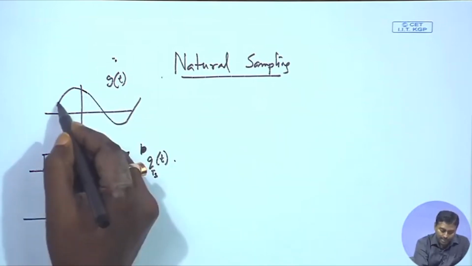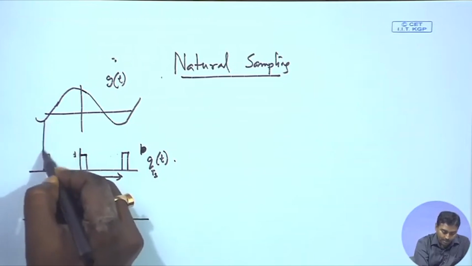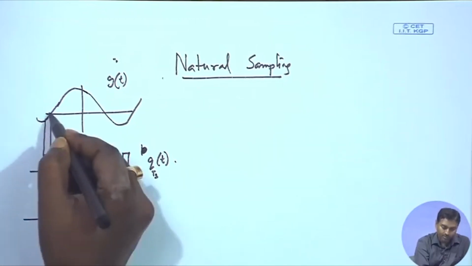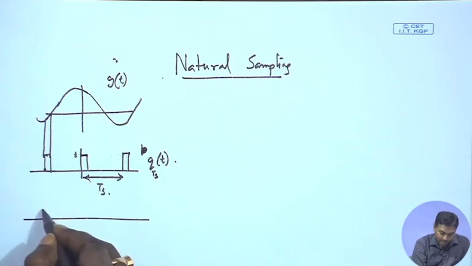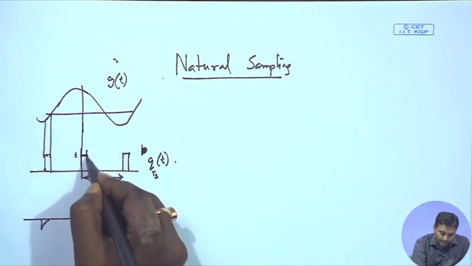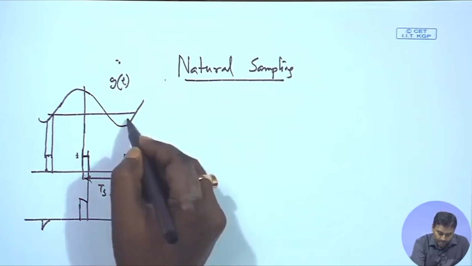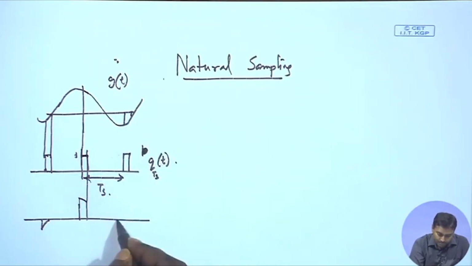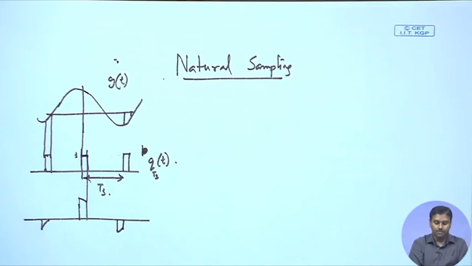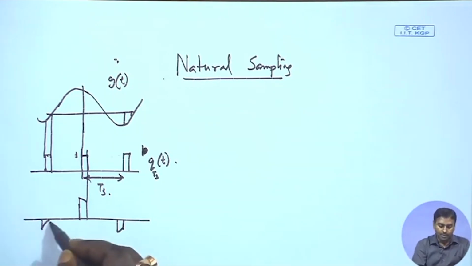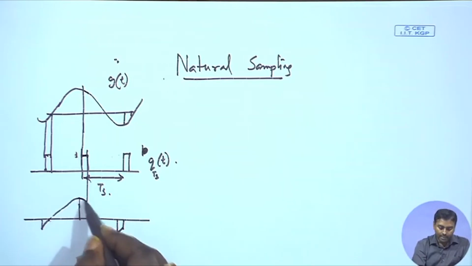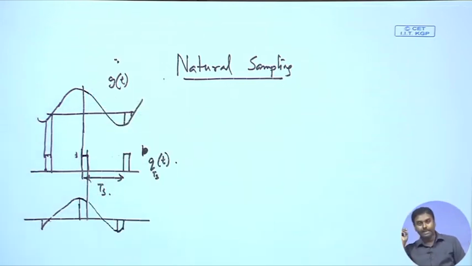So this will be sampled, but during this duration it will just follow the signal, because it is multiplication by 1, whenever the pulse is on. It happens to be this way. As you can see, if you connect these things again, your signal will be regenerated. This is called natural sampling.